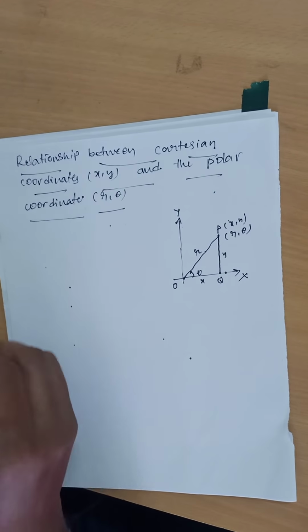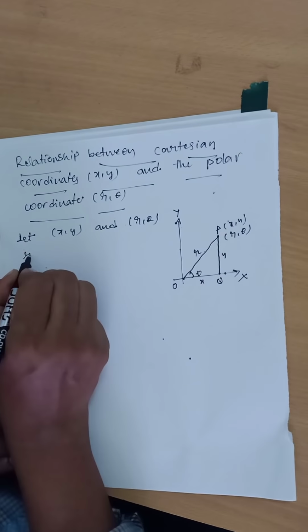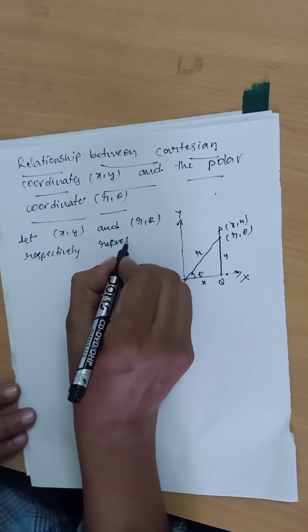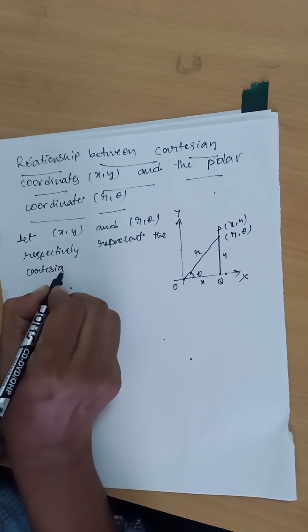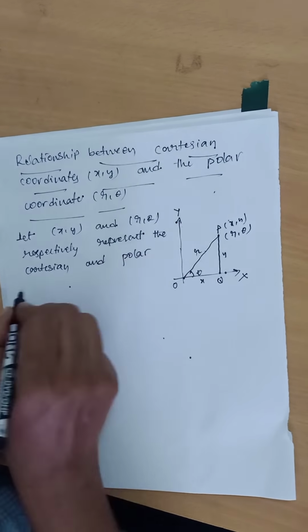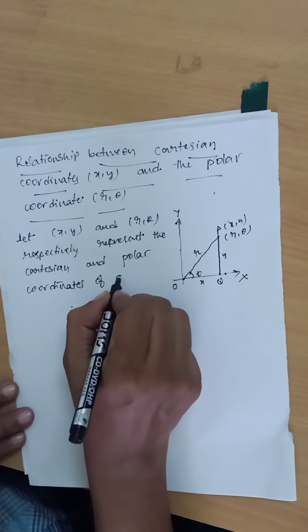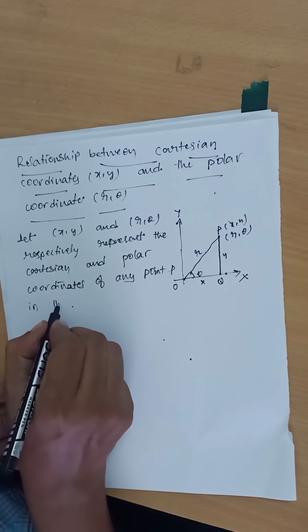Let x comma y and r comma theta respectively represent the Cartesian and polar coordinates of any point P in the plane.